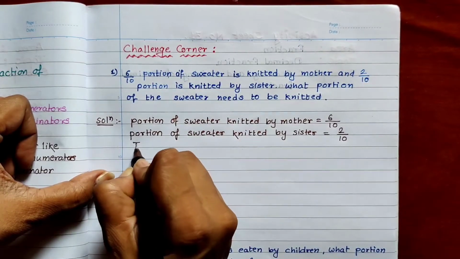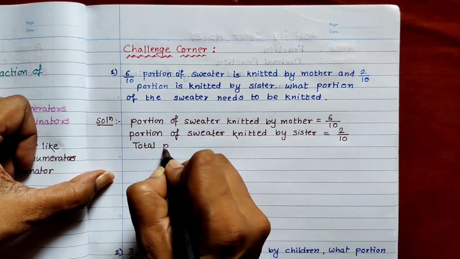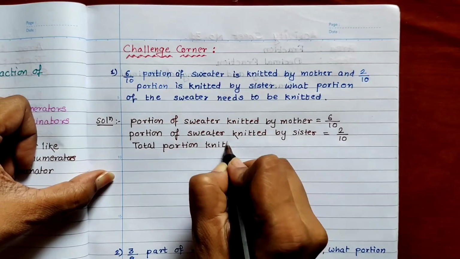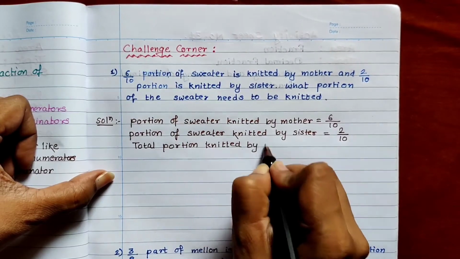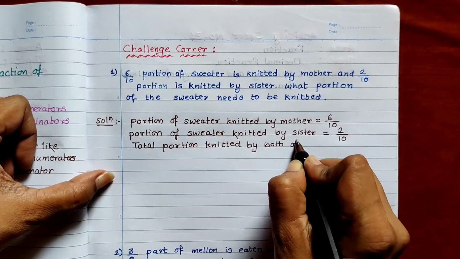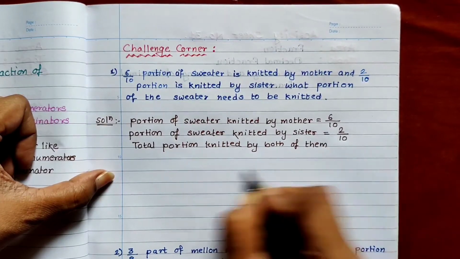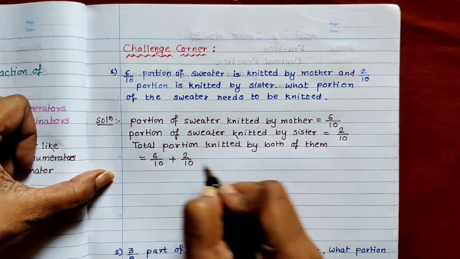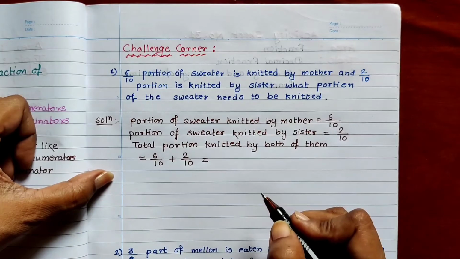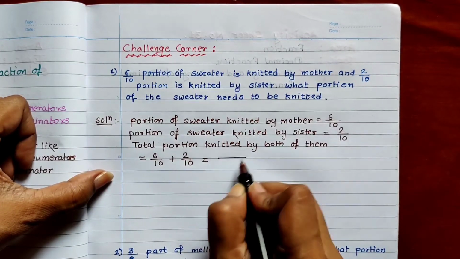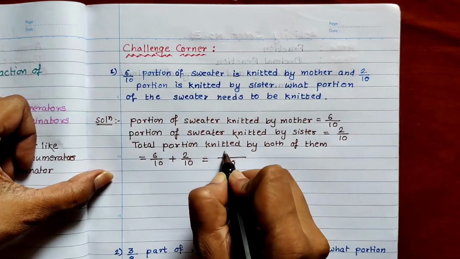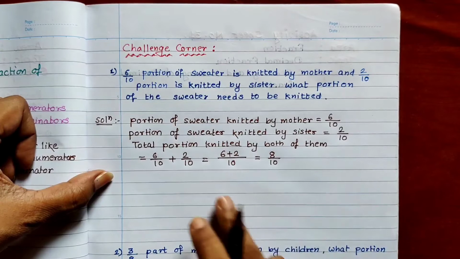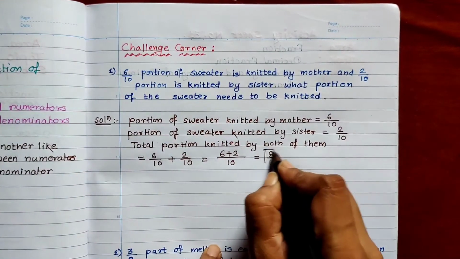So total portion knitted by both of them will be equal to 6 upon 10 plus 2 upon 10, correct? So 10 common denominator is there. These are like fractions, so we write denominator one time and we will add the numerators 6 plus 2. How much is the answer? 8 upon 10. So together they have knitted 8 upon 10 of the portion.